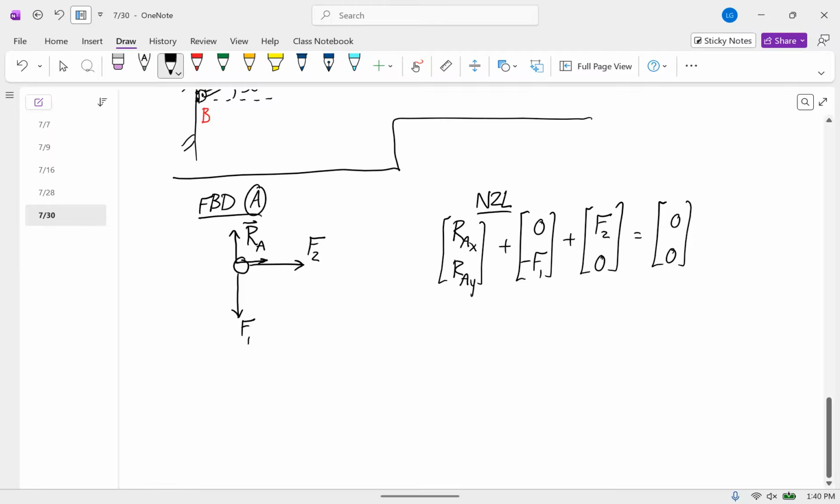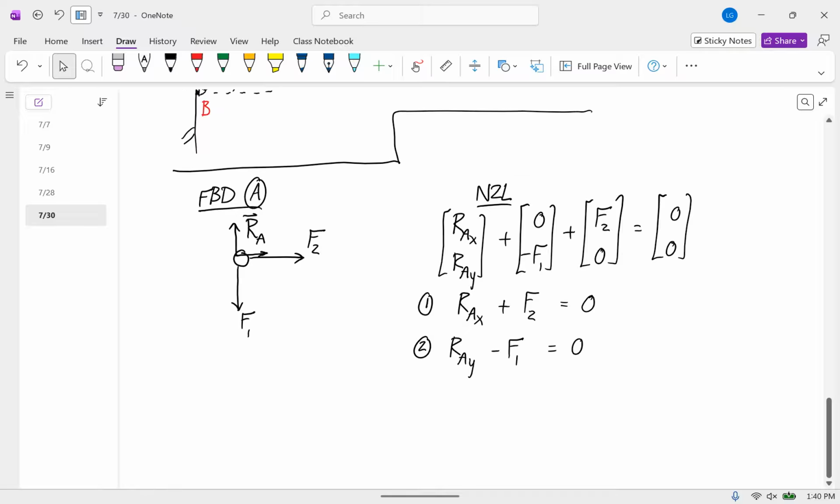And if we write this as our first two equations, that says RAX plus F2 is equal to 0. And the second one says RAY minus F1 is equal to 0. And that's it. One joint, two equations. And now we'll go to a free body diagram of the joint B.